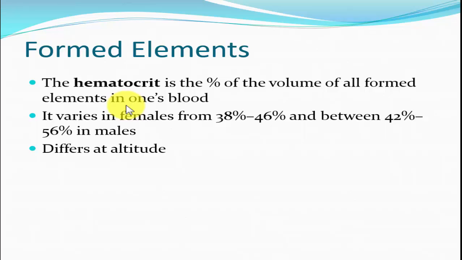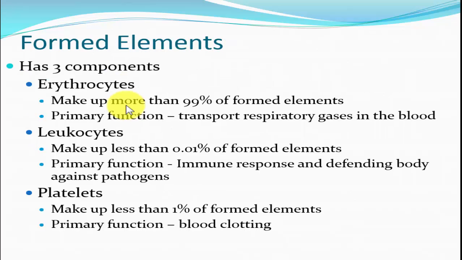Think about Mile High Stadium where the Denver Broncos play, or when you go hiking or skiing up in the Alps. Think about what happens to you. You have a lack of oxygen, and basically it's putting your body into a strenuous environment that changes the normal function. If we go back another screen, remember erythrocytes make up more than 99% of formed elements.